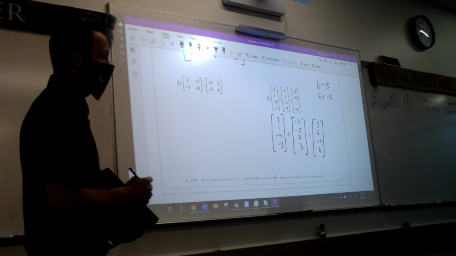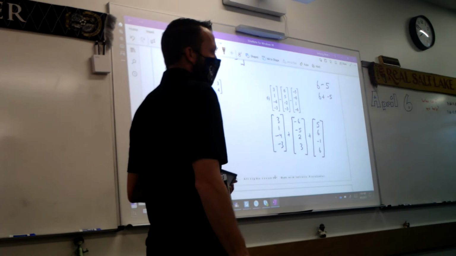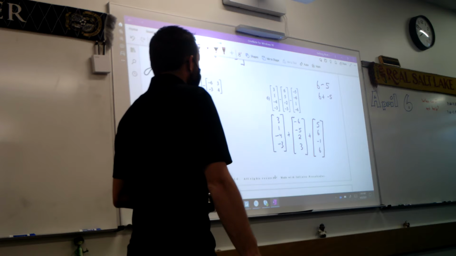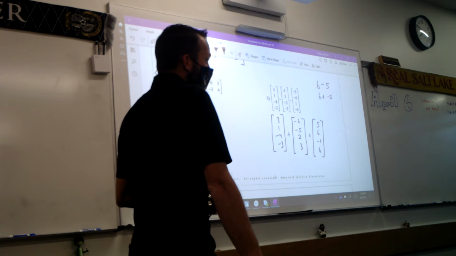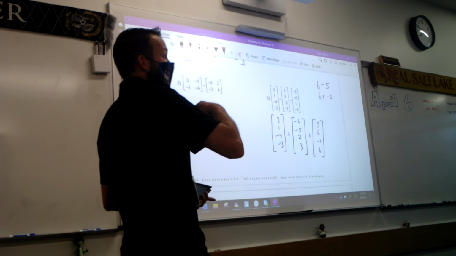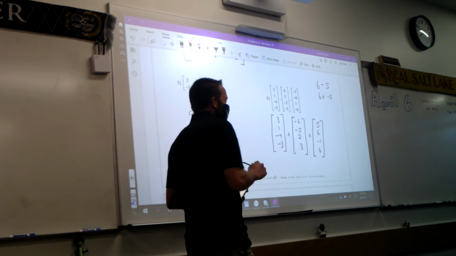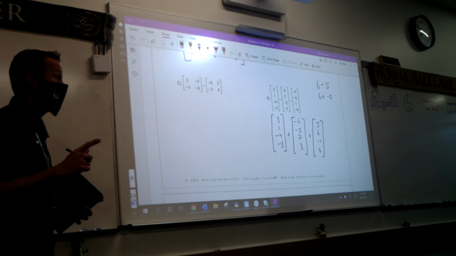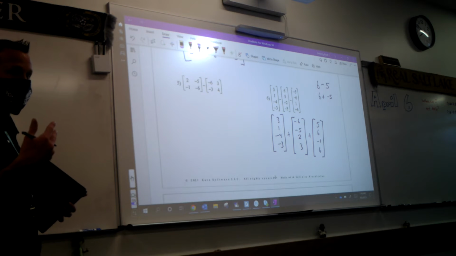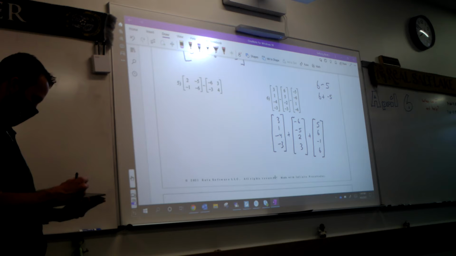The order. Individually. Except switch that. There we go, rows by column. Doesn't really matter with the adding and subtracting as much as when we get to multiplying, it'll make a big difference. But yeah, they're all 4 by 1, right? So we can add them. So then tell me what I'm going to get when I do that, Allie.